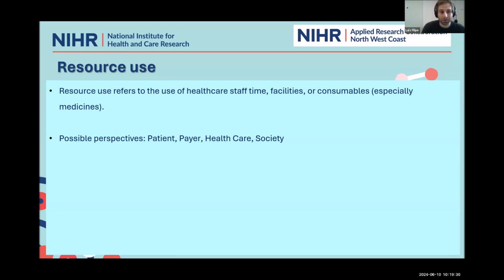And then you have the society, and for society, the sky's the limit, it is whatever you want to put in there. For instance, you may think about the resources of a certain type of intervention. Let's say that you need to go to the hospital for a surgery, and you may count the things that are needed for the surgery. But for society, you may count other extra things.